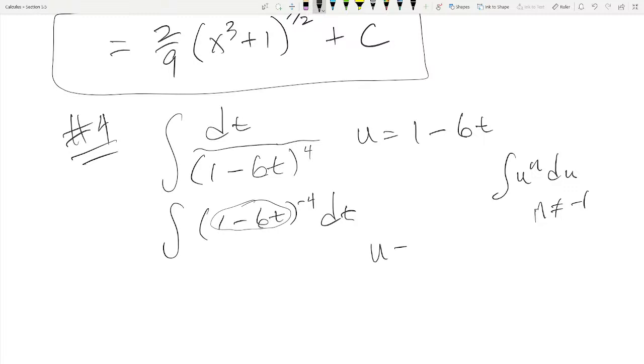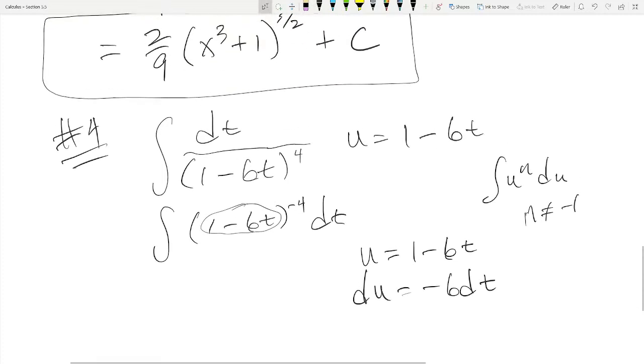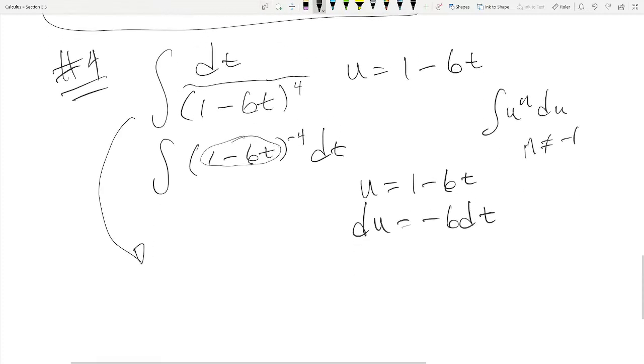If I pick u equal 1 minus 6t, then du is 0 minus 6 dt. So now when I convert this integral here, on the bottom, I have u to the 4th.